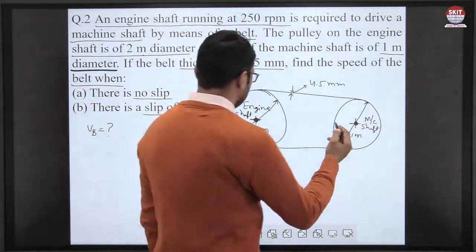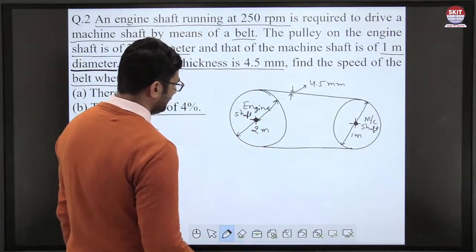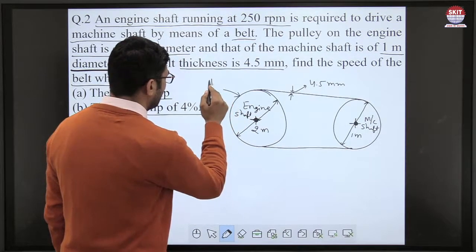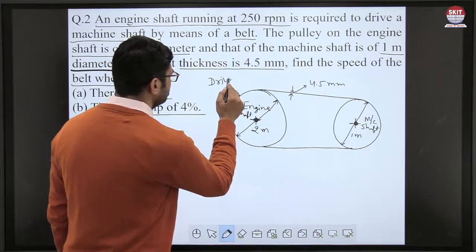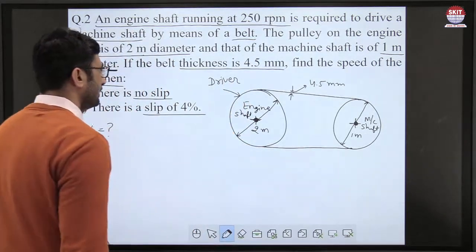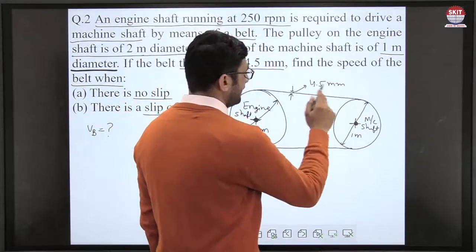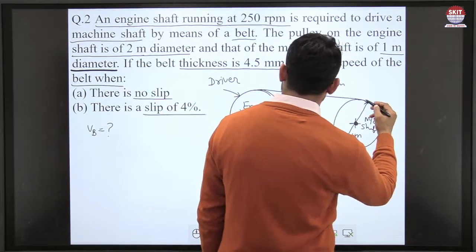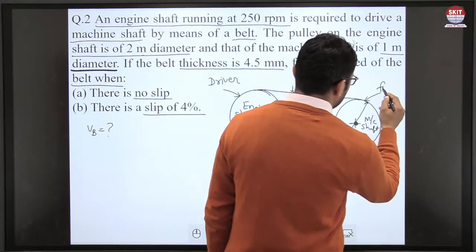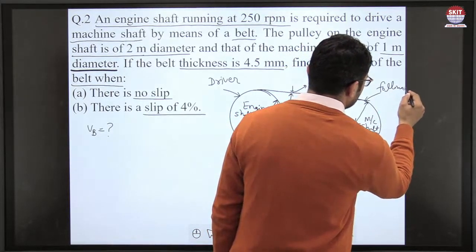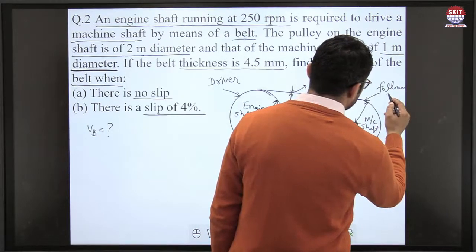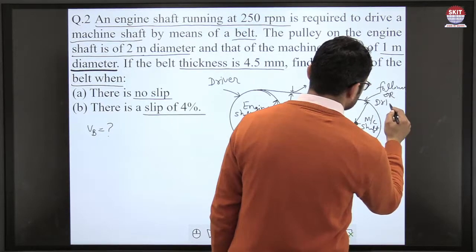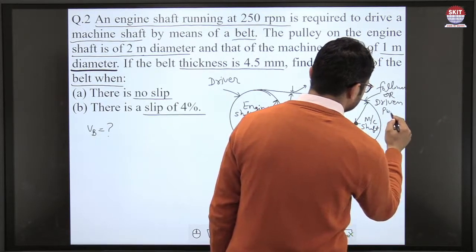So the engine shaft pulley is the driver pulley, because this pulley drives the machine pulley. So this is the follower or driven pulley.